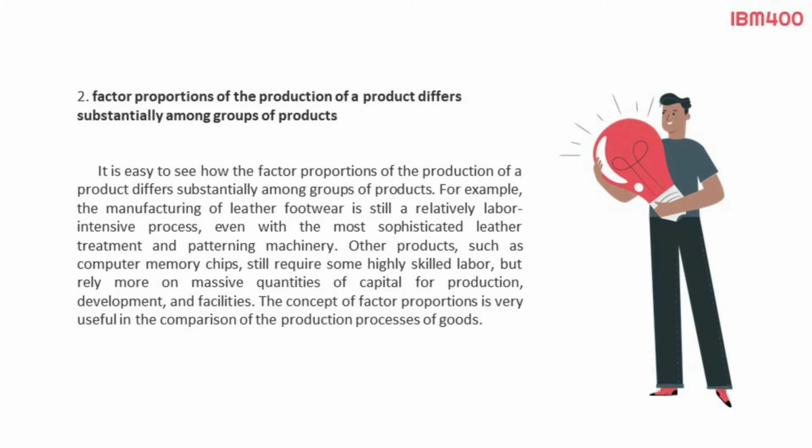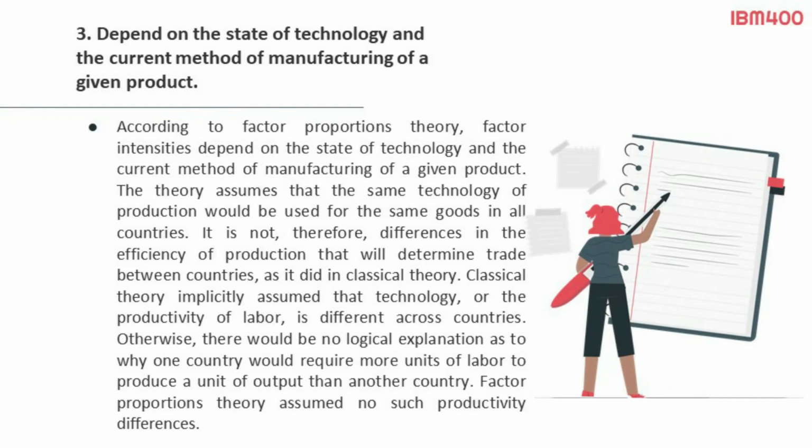The concept of factor proportion is very useful in the comparison of the production process of goods. Number 3 is that it depends on the state of technology and the current method of manufacturing of given products. According to factor proportion theory, factor intensity depends on the state of technology and the current method of manufacturing of a given product.